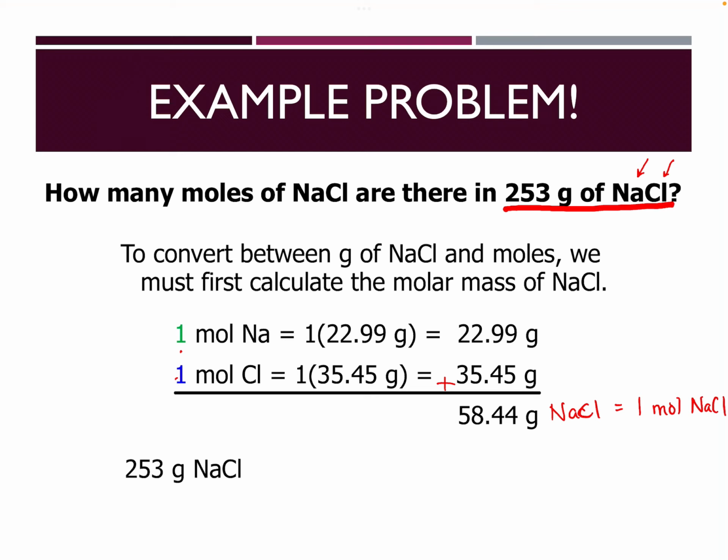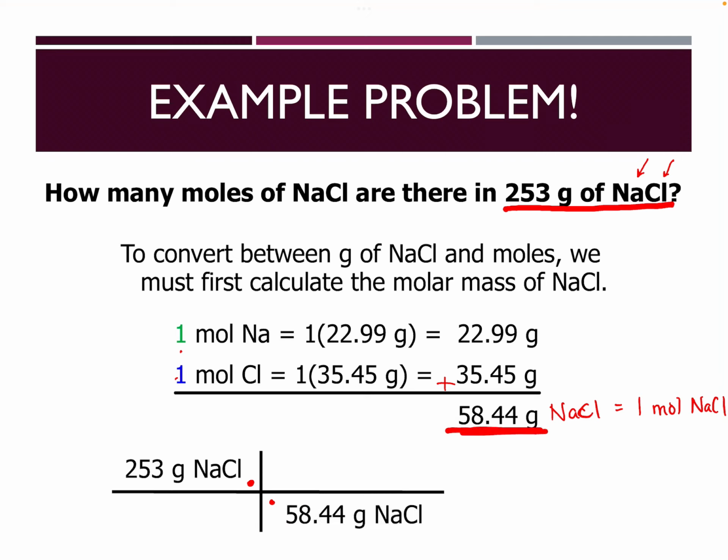So if I'm starting with 253 grams of sodium chloride, remember our units have to cancel down and to the right. So if I have grams here, I have to put grams here, which means that 58.44 grams of sodium chloride is going to go on the bottom, and then 1 mole of sodium chloride will go on the top. Make sure our units cancel and see if we found what we're trying to find.